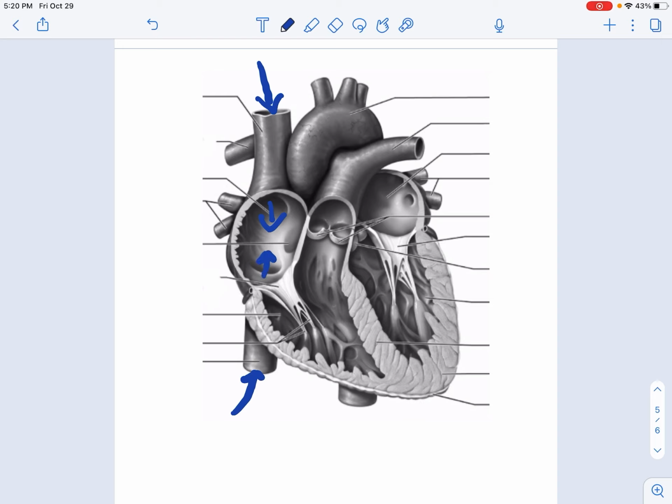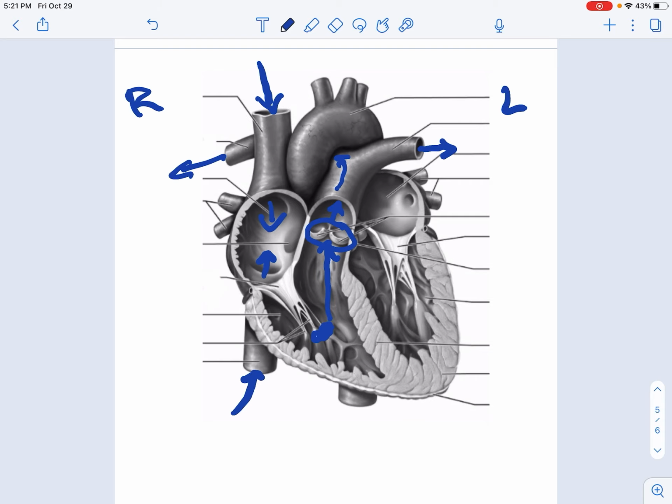We have the deoxygenated blood that moves from the right ventricle out through the pulmonary valve, into the pulmonary trunk, out to the, remember this is left and this is right, out to the left lung, and it also branches going under the aorta and out to the right lung.